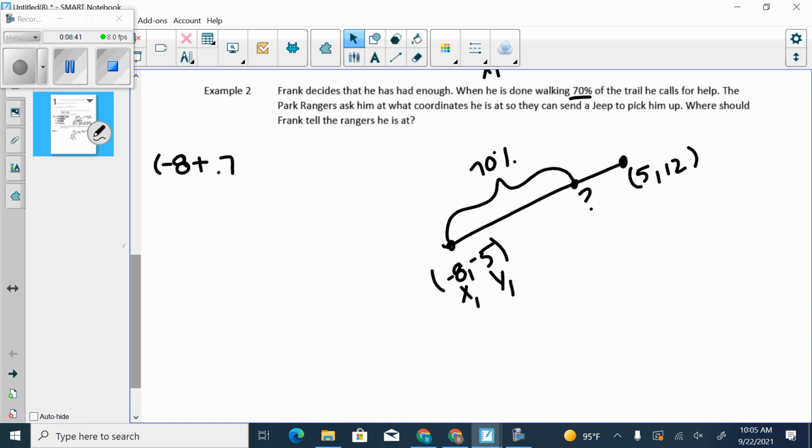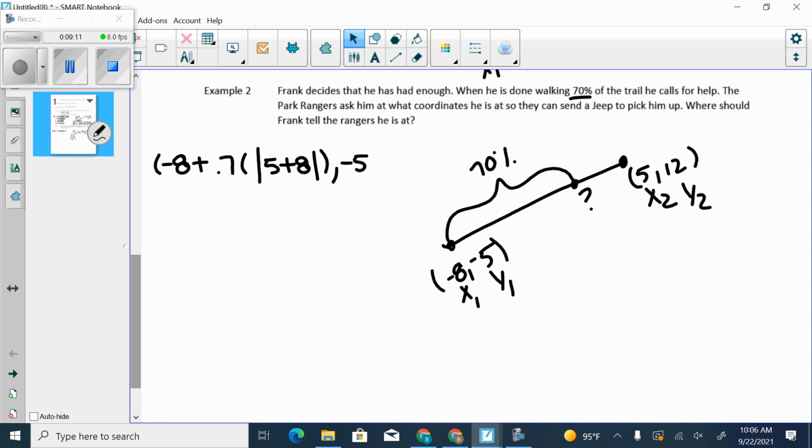Times the absolute value of x2 minus x1. Remember, this is our 2's over here. So what's that going to look like when we plug it in? Good. And then we have to do the same thing for our y's. So what's our y1? -5, and then I have to determine if I should use plus or minus.